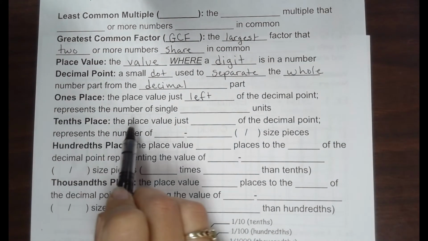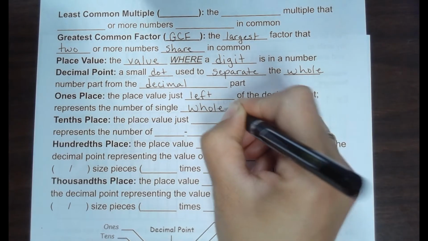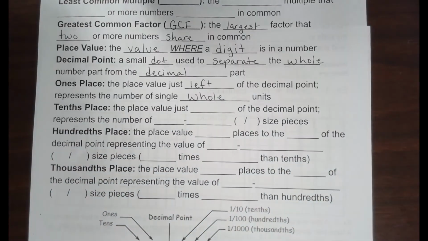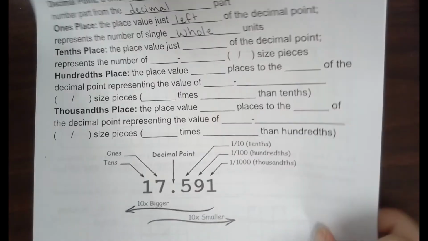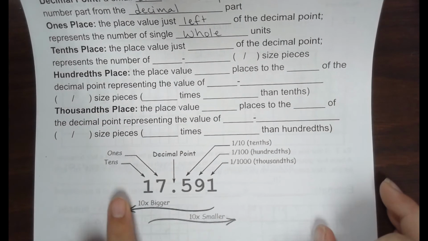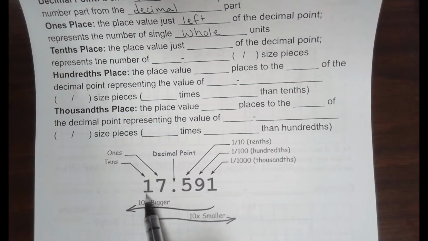It represents the number of single whole units. So, on this side of the decimal, these are all whole numbers. 7 ones. This is 10, so this is one group of 10. This is 7 single whole units.